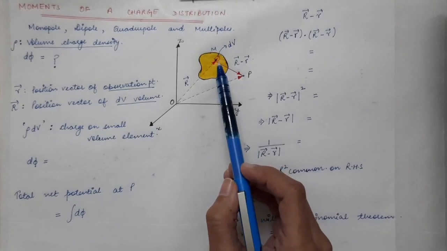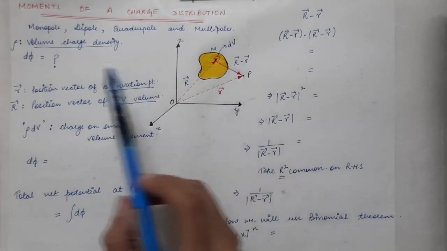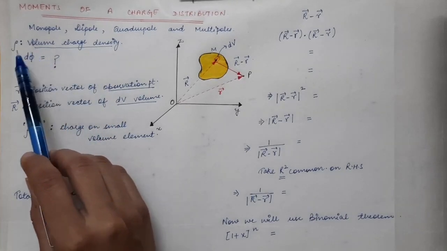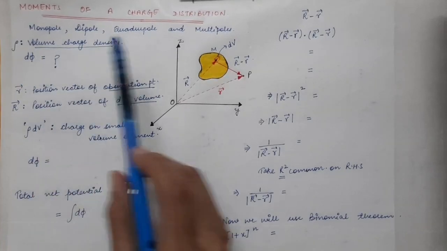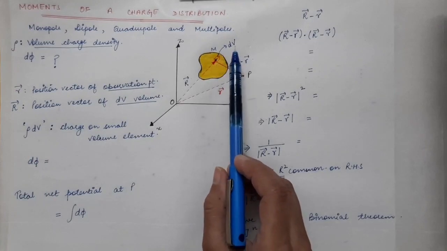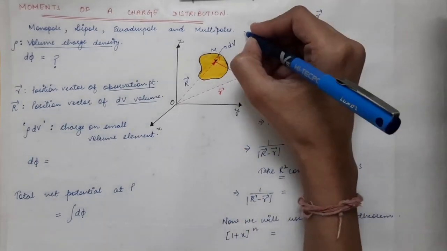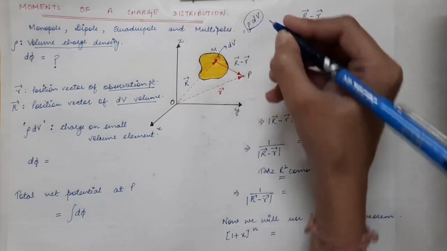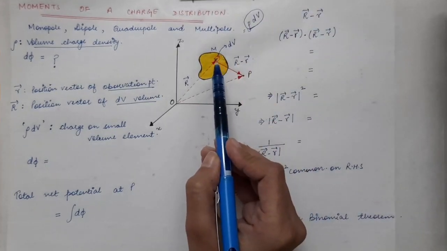So what will be the charge in this small volume element? Now rho is the volume charge density. This gives us the charge present in unit volume. So the charge present in dV amount of volume will be nothing but equal to rho times dV. This is the charge carried by this small volume element.